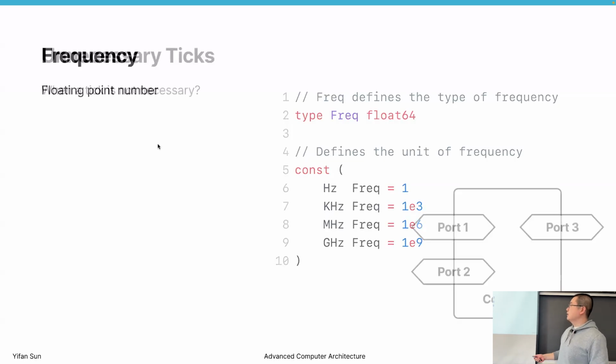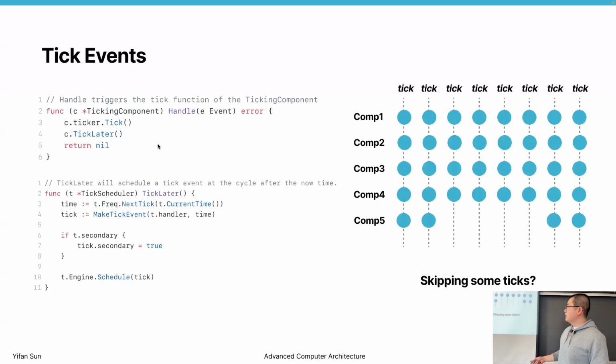So for frequency, this is Go syntax: although it's a primitive type, which is float64, a double precision floating point number, you can add methods to this newly created type. You're not adding a method to the float64 type, you're adding a method to the frequency type.